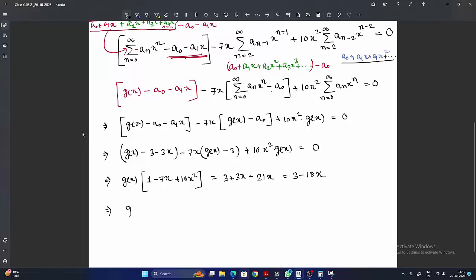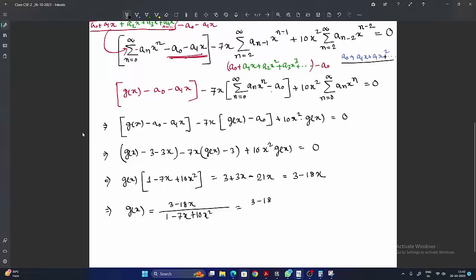or g of x will be 3 minus 18x by 1 minus 7 of x plus 10x squared. Okay, so that is the expression you will get, 3 minus 18x.